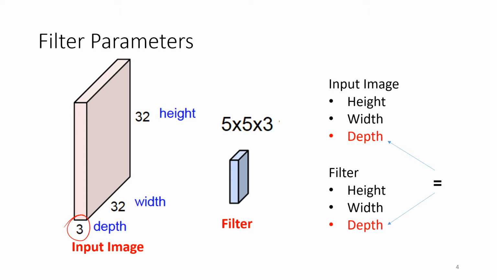Let's say we have a filter of size 5 pixels by 5 pixels with 3 channels. Every element of this three-dimensional tensor is filled with parameters. The important point here is that we always have the same depth between the image and the filter that is working on it.